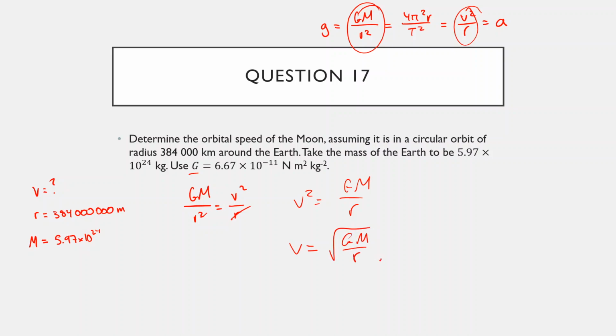Now that's actually a really interesting formula, because it's giving us a way to calculate the orbital speed of something that's orbiting a main body, in this case the moon orbiting the Earth. But nowhere in this equation does it ask you to input the mass of the moon. This m here is the mass of the Earth.